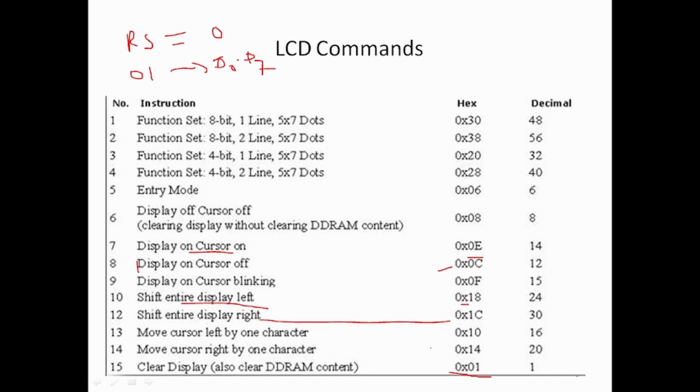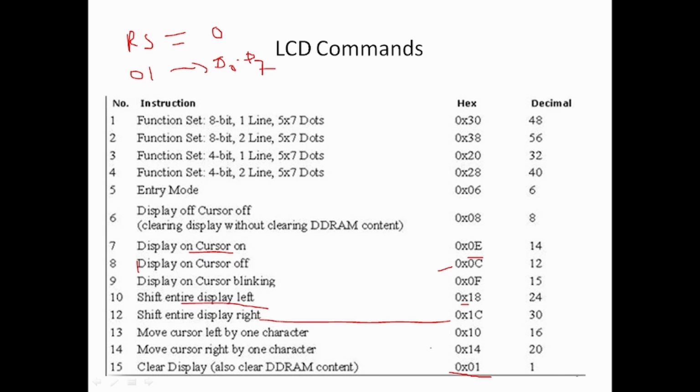In the next video we are going to write the code on the Raspberry Pi board. We will load that code on actual hardware. We will interface the LCD with the Raspberry Pi board, and we will display various messages.